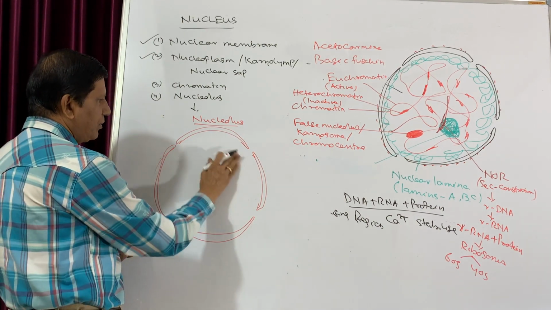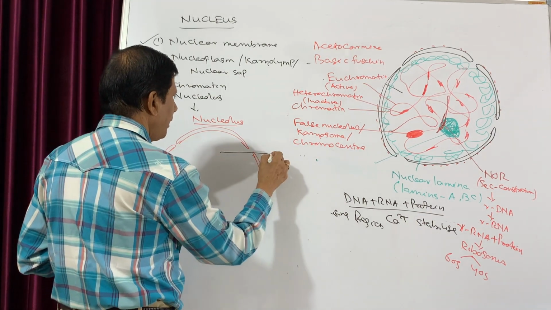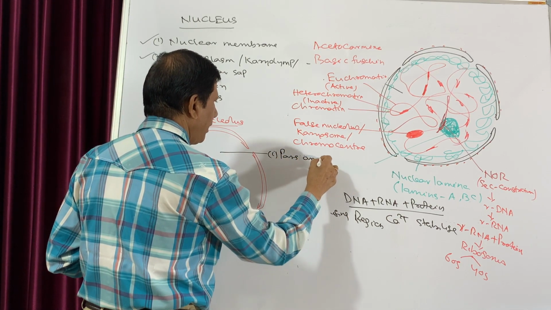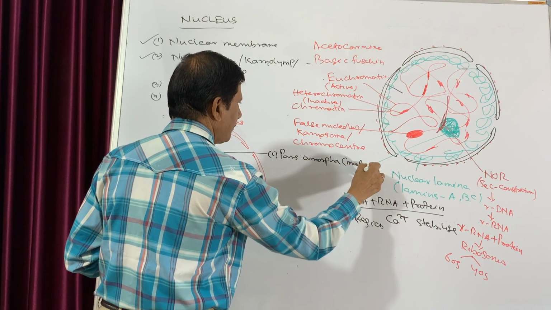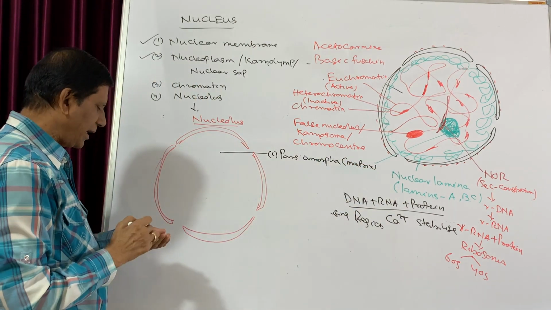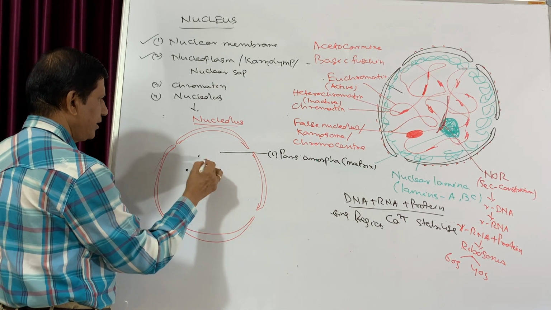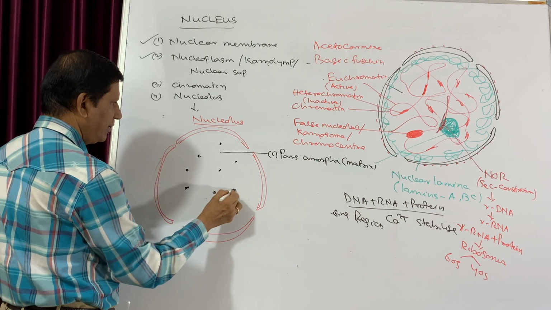Number 1, a matrix-like structure, is known as pars amorpha, the simple matrix. Then you will find certain granule-like structures.